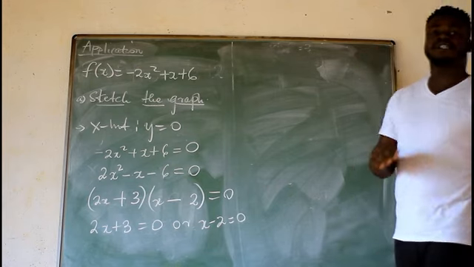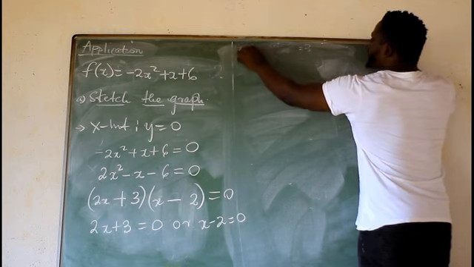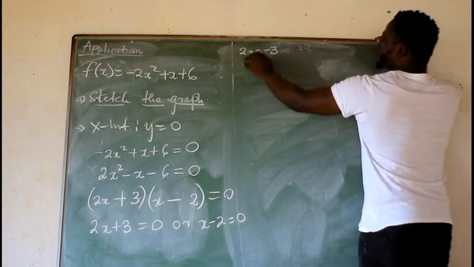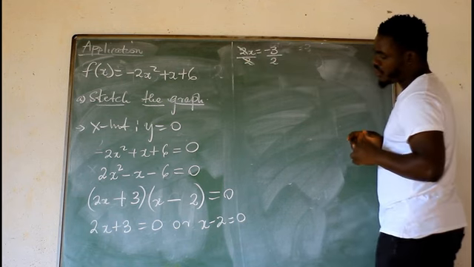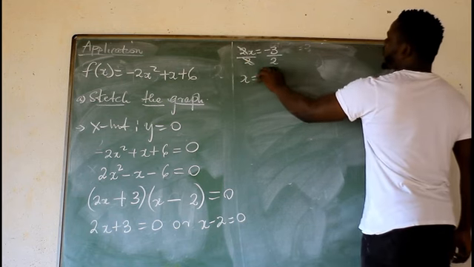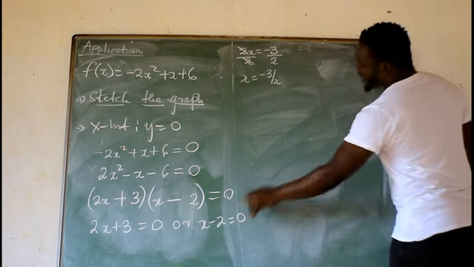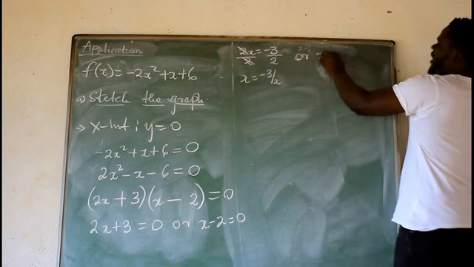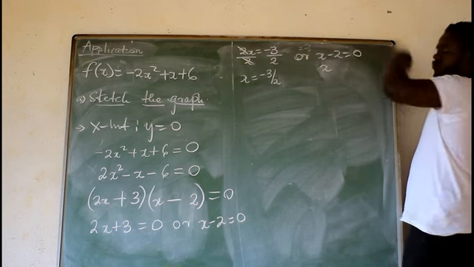From the law of what? Of equations. Now, you are going to have 2x equal to minus 3. Then you divide by 2. You have x which equals minus 3 over 2. And go to this one. You have x minus 2 equal to 0. Then you take negative 2 to the other side.